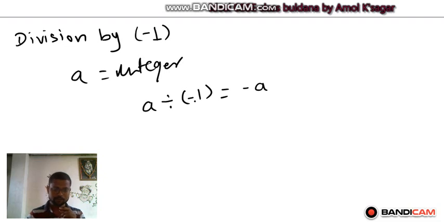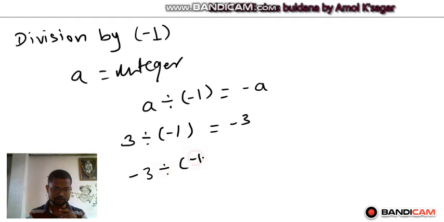It means the sign of negative 1 goes to the integer. For example, 3 divided by negative 1, the answer is negative 3. Negative 3 divided by negative 1, that time the answer is positive 3.